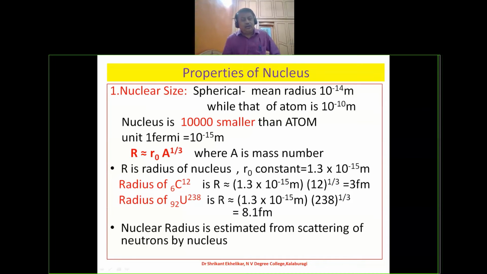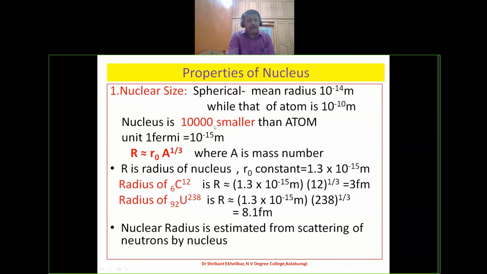R is of the order of r naught a to the power of 1 by 3, where a is the mass number, which gives the total number of nucleons in a nucleus. Protons and neutrons together are called nucleons, parts of the nucleus. So the number of protons plus the number of neutrons is a, and r naught is a constant, its value is 1.3 into 10 raised to minus 15 meter.